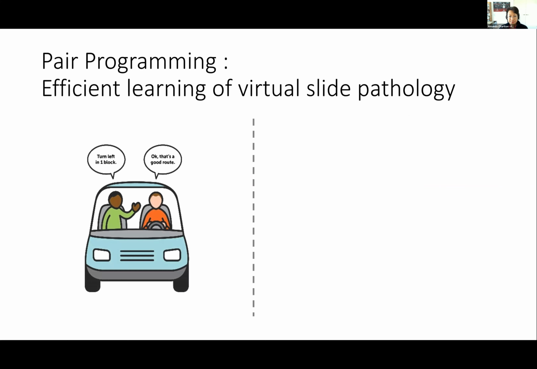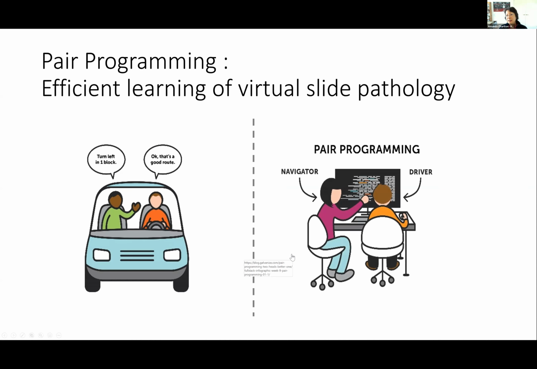How does it work? It's like a motorsport rally. In a pair, you have a driver who is concerned with the technical aspects of driving. And then you have a second person who's a navigator who has the map and gives suggestions to the driver about where to go. So we're dividing the cognitive load, yet both learning the same thing.